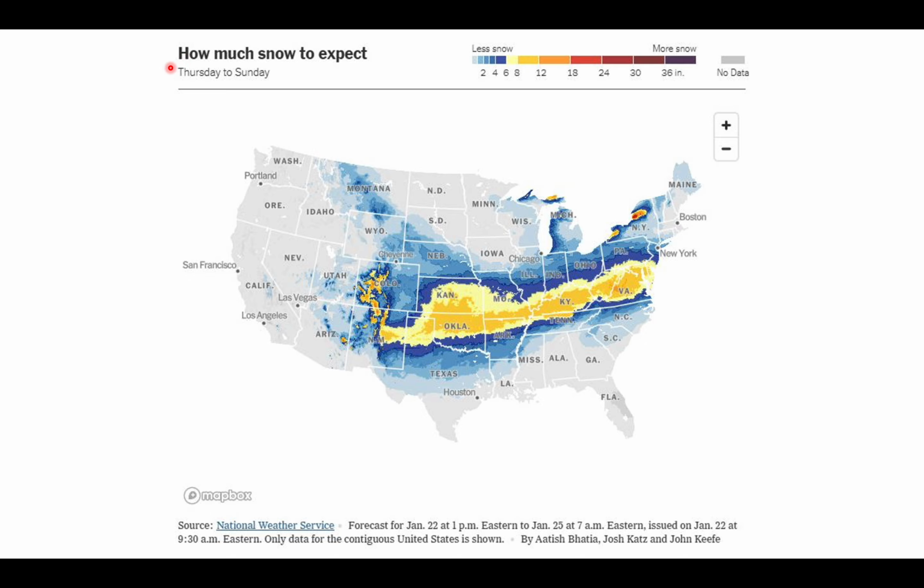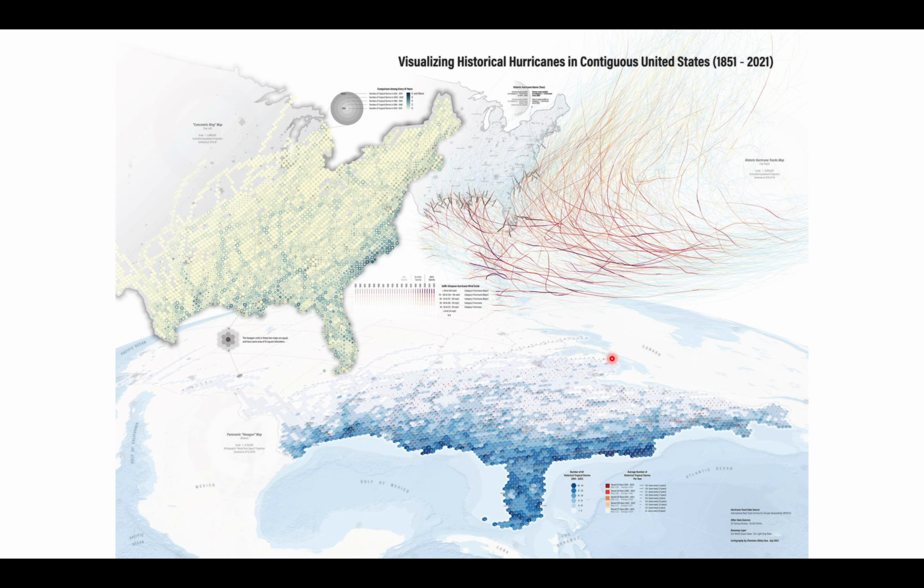So here's a Washington Post map publication. This is essentially what all Washington Post maps look like, particularly weather maps have this similar type of symbology on the top, similar type of labeling of features, base map elements, etc., etc.